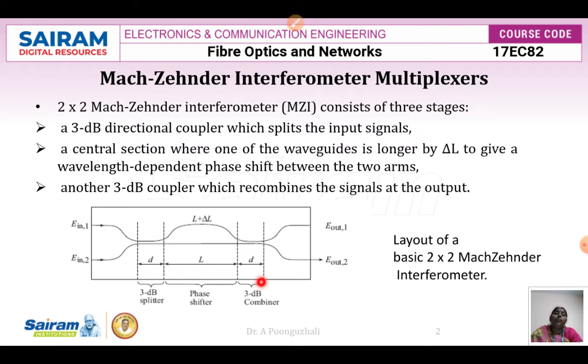At the output, one output will have constructive phase and the other output will have destructive phase. So the output will be present only at one port, and the other port will have a 0 value. Two input signals with different wavelengths are sent through this multiplexer.